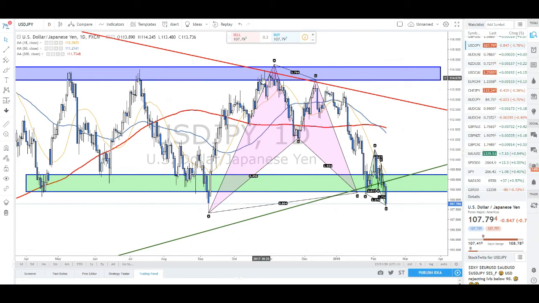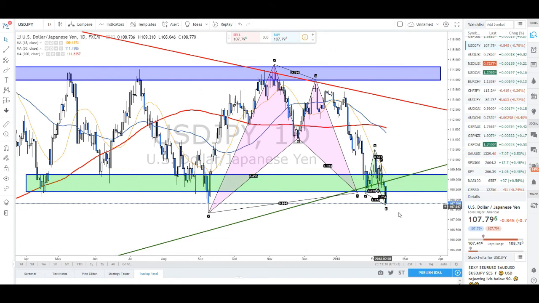If you are looking to be bullish on USDJPY, if you're looking to buy USDJPY, you have a potential buy zone right here near 107.5, 107.7. If you are looking for better confirmation signs, you should wait for the price to close back up above the trend line and above maybe the faster May line, meaning above 109, 109.5. Then you can place a wide stop loss and look at it as a swing trade opportunity.